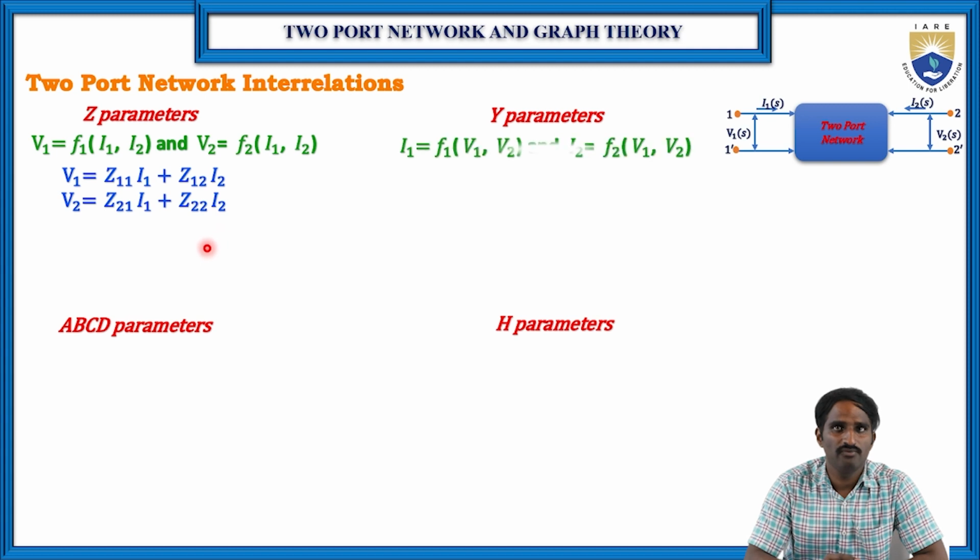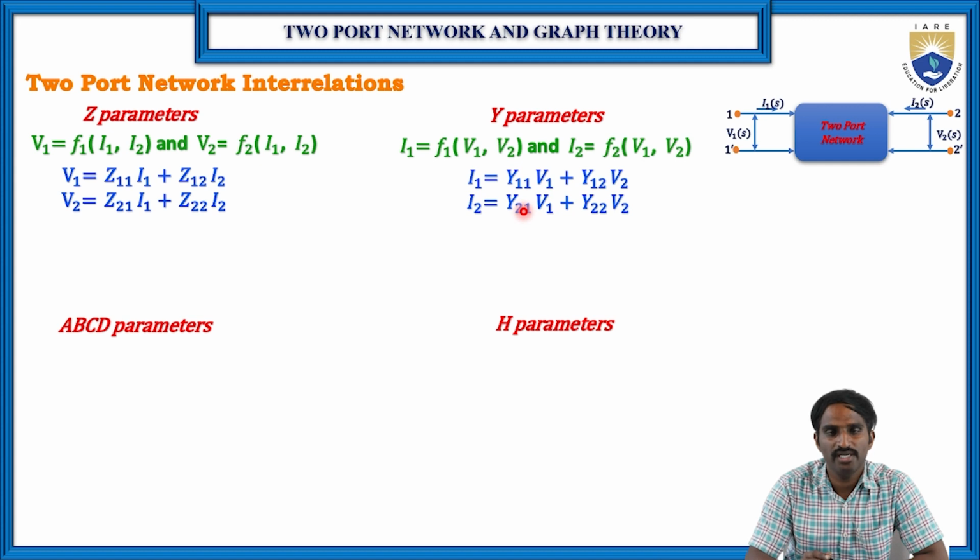For the Y parameters, I1 and I2 are functions of V1 and V2, which means V1 and V2 are the independent variables and I1 and I2 are the dependent variables. So we can write the current equations in terms of the voltages: I1 is equal to Y11 V1 plus Y12 V2, and I2 is equal to Y21 V1 plus Y22 V2.